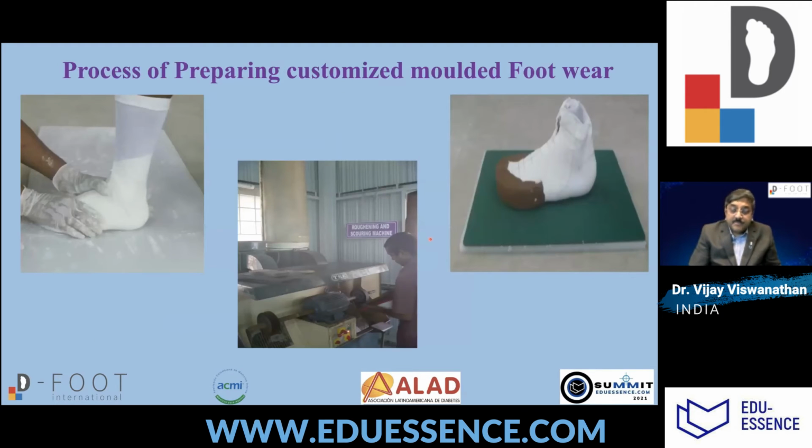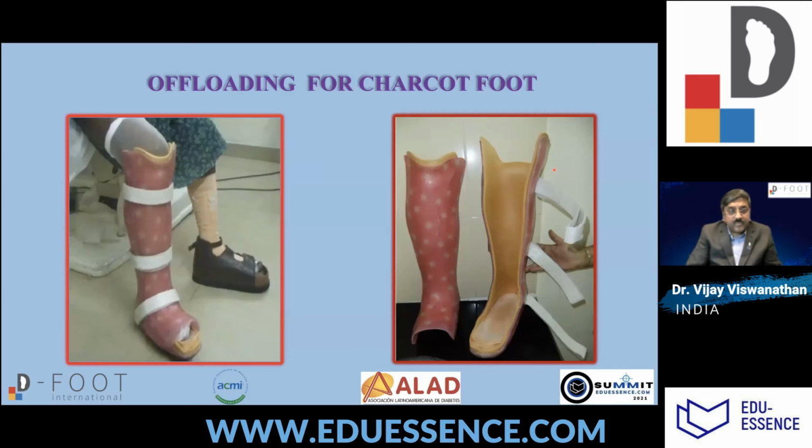Therefore, a simple method is what we have learned from leprosy or Hansen's disease. We make a mold of the foot and take a cast of the foot like this and make footwear out of these casts. We also have developed our own Charcot restraint orthotic walker, which costs about 10 to 20 US dollars.